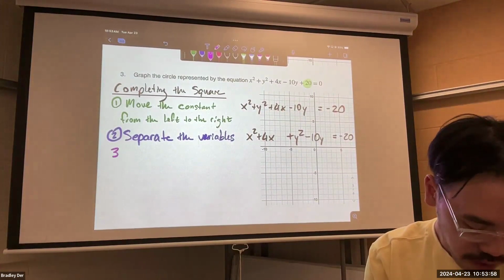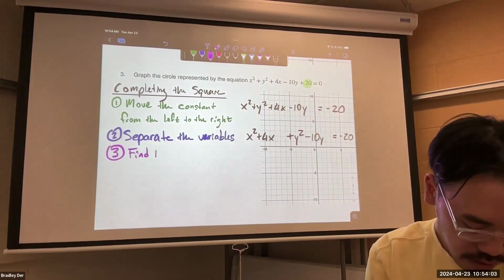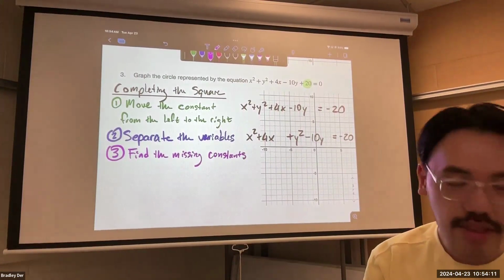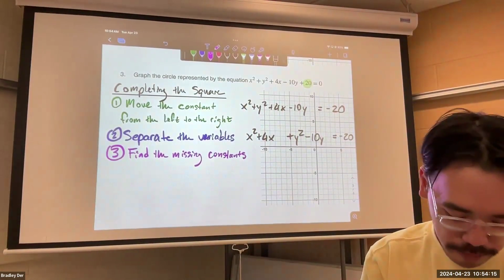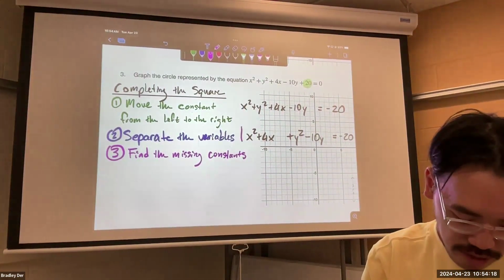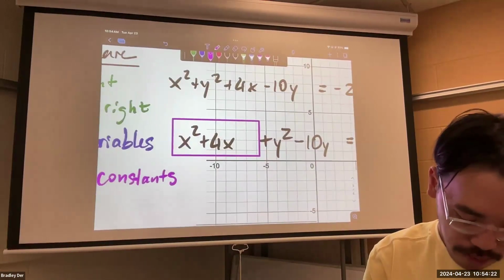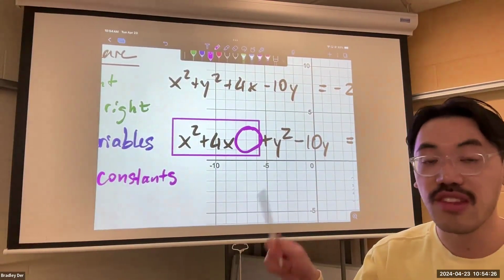After you have regrouped those variables, number 3, we are going to find the missing constants. Not constants like a woman's name, but constant, plural. What I mean is that it is possible for us to add a specific number right here such that everything in the purple box becomes a square.